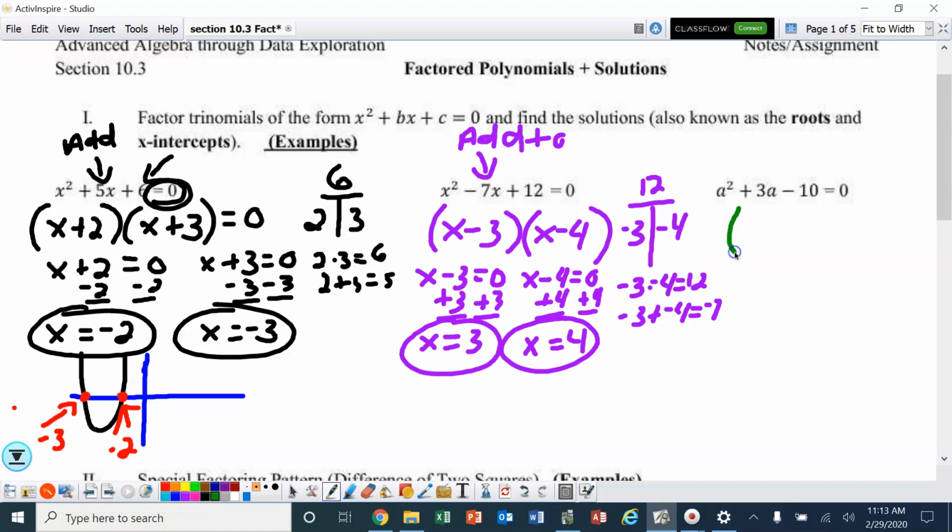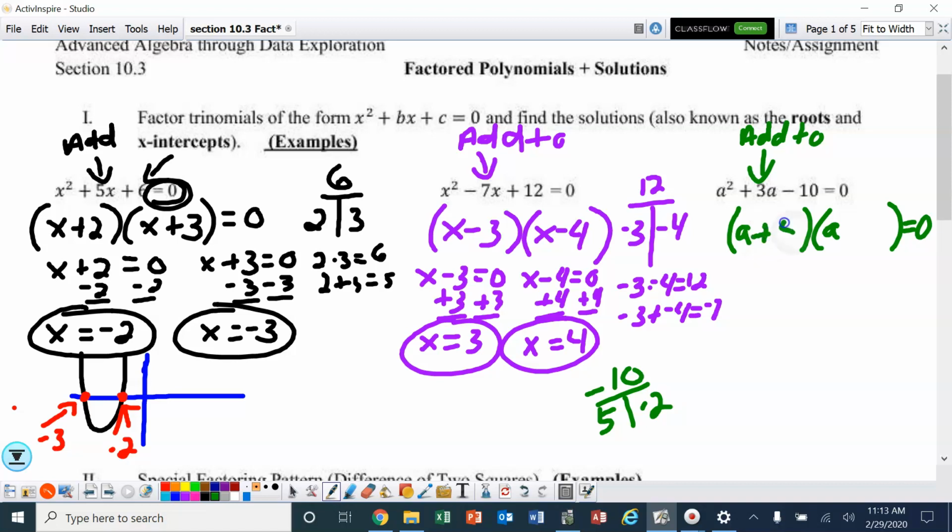Okay, the next one is no different. It's just using the letter a instead of the letter x. Factors of -10 that add up to 3. I believe that would be +5 and -2.